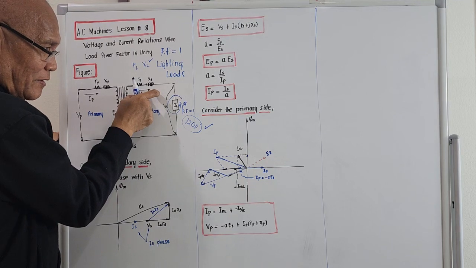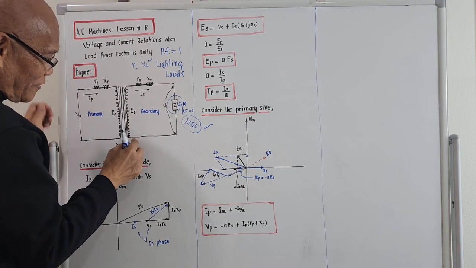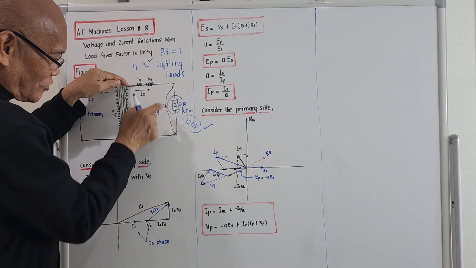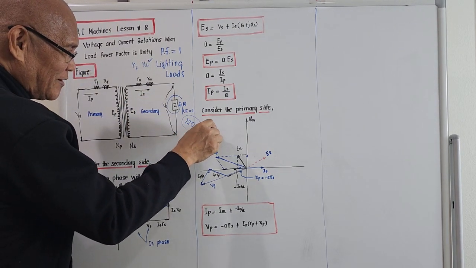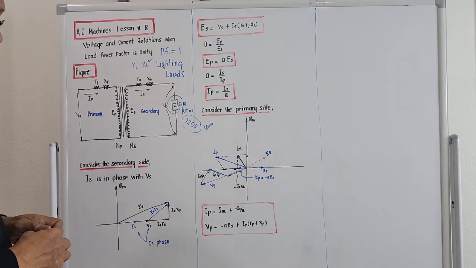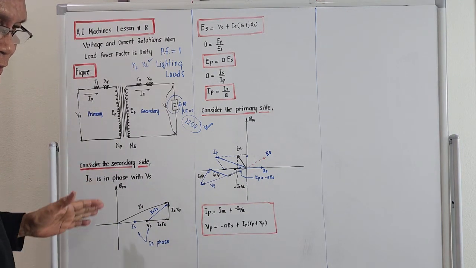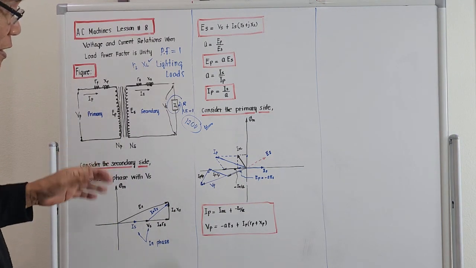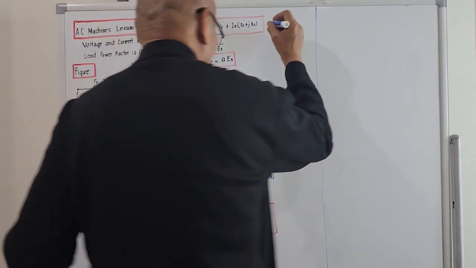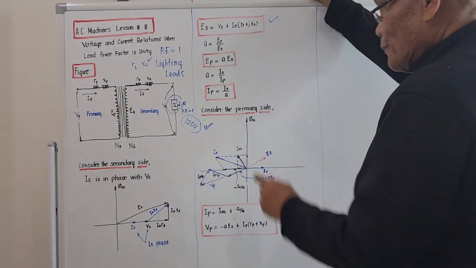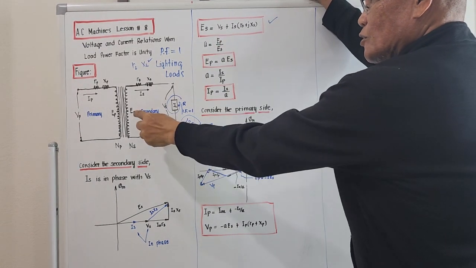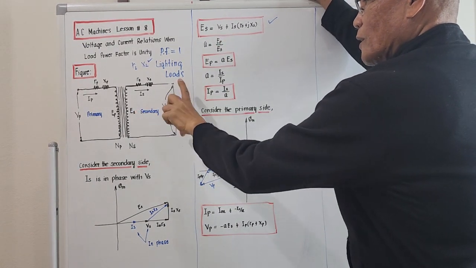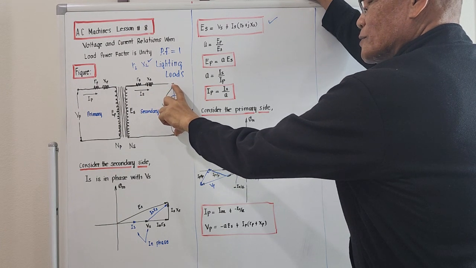Whatever the value of E_S minus that voltage drop will be that 120 volts. You got it? So the relation of the voltages and currents will be this formula here: the induced voltage on the secondary should be equal to the terminal voltage here.